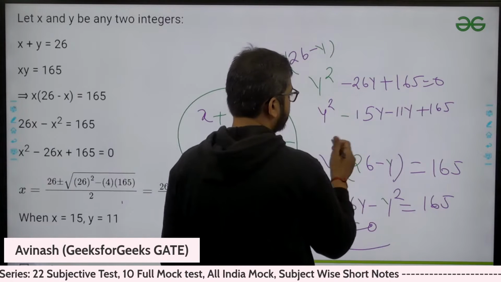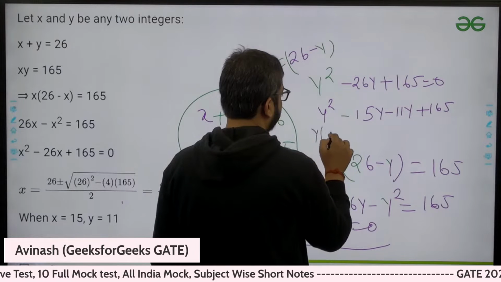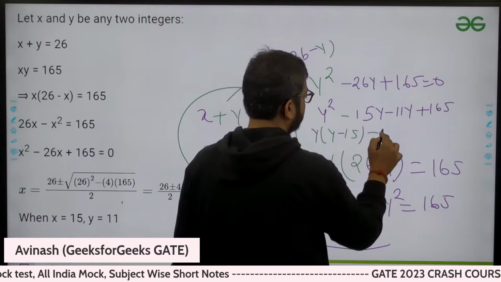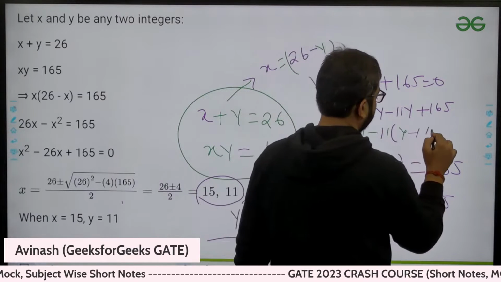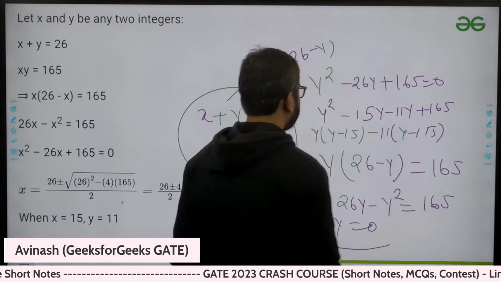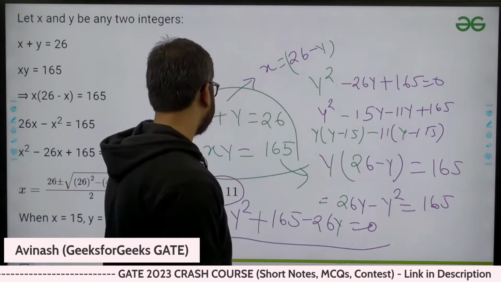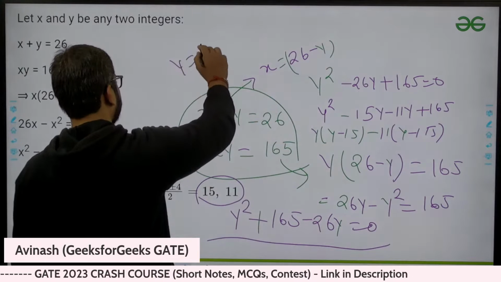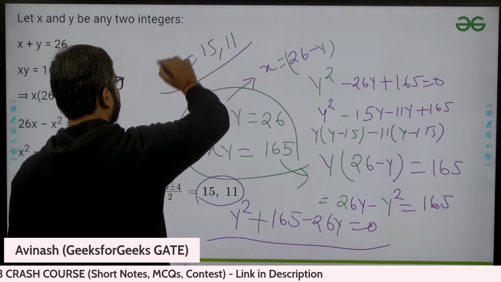This will give you y into y minus 15 minus 11 into y minus 15. So y is equal to 15 and 11 will be the answer.